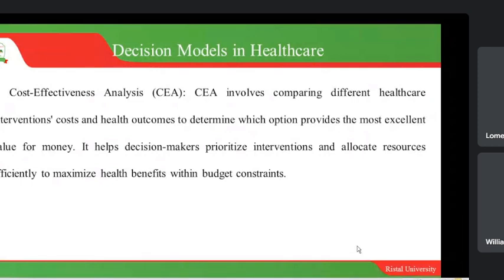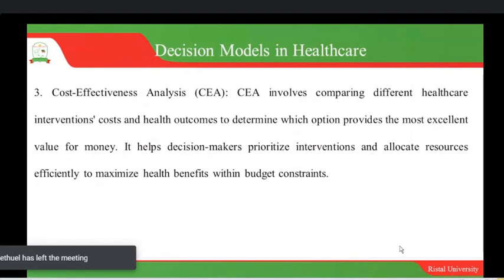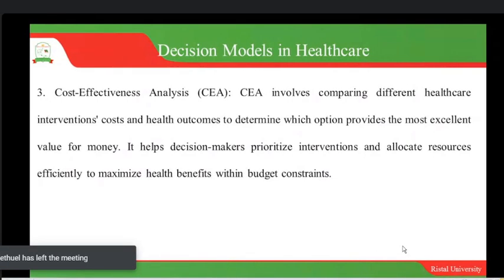So we are looking at the cost aspect of this model, and also what is the outcome that we are going to get. And when you are using this model, decision makers around the healthcare space are going to prioritize interventions and allocate resources efficiently in order to maximize health benefits within budget constraints.